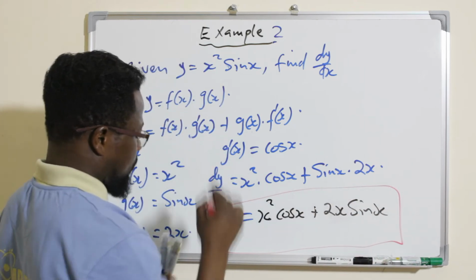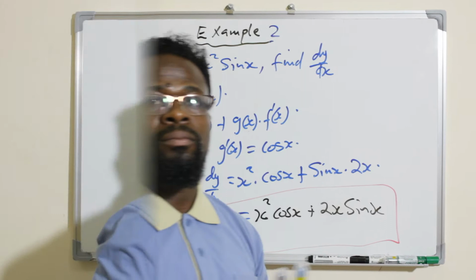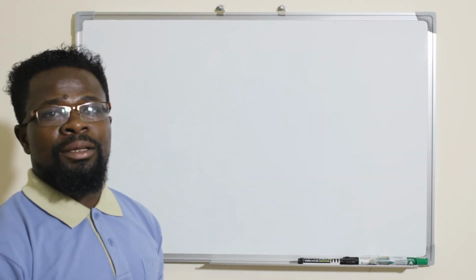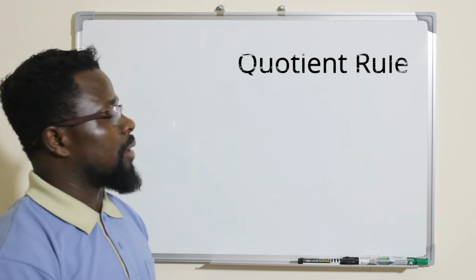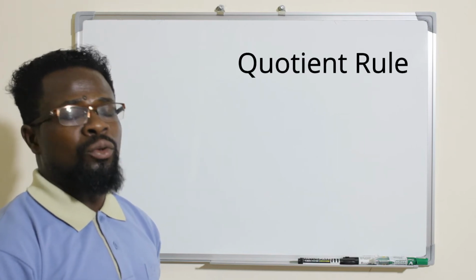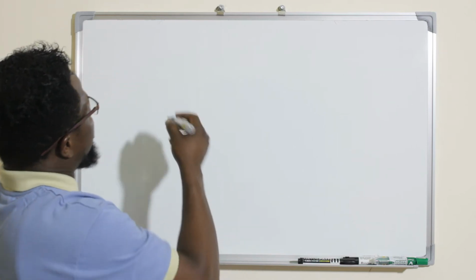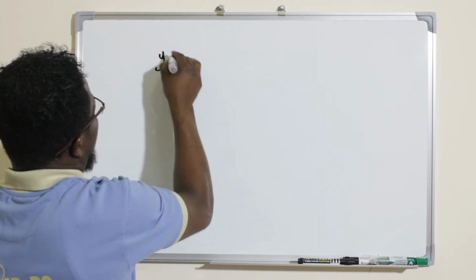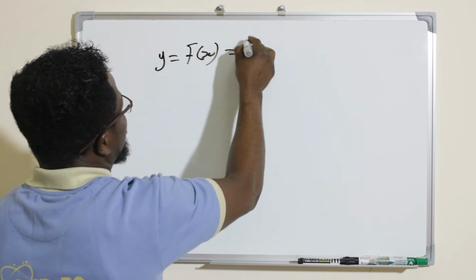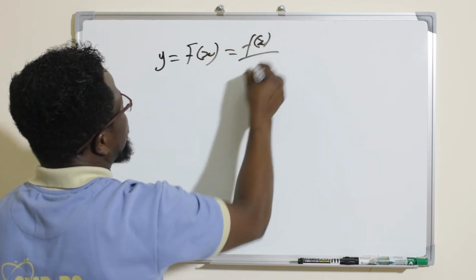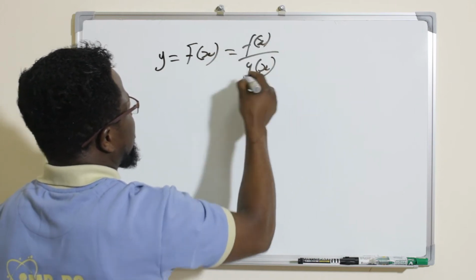Okay, so now let's begin to look at the quotient rule as well. If you're talking about the quotient rule, let's assume that we have a function such as y equals F of x, say, f of x over g of x.